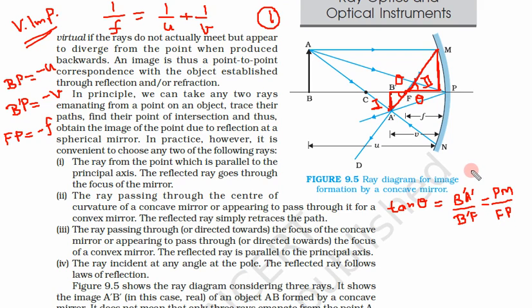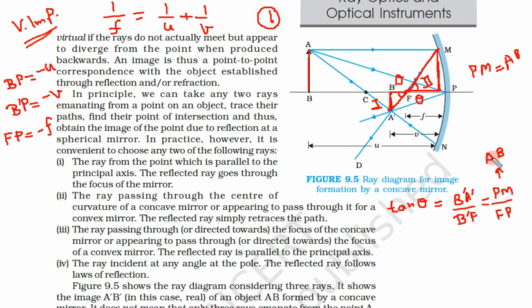From the figure we can see PM is equal to AB, the size of the object. So let us put AB instead of PM.